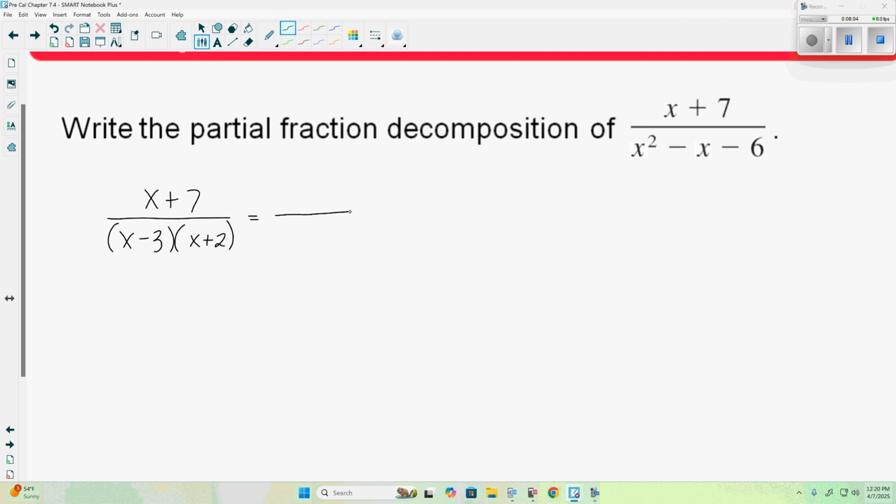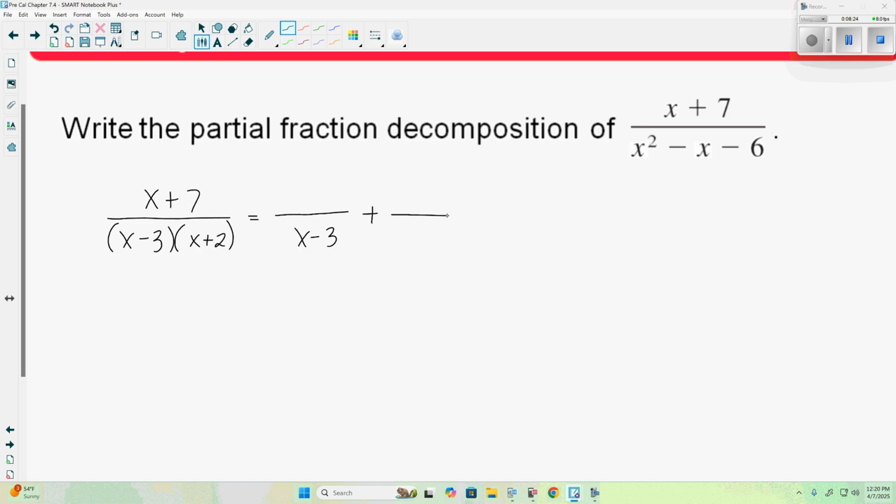So x minus 3 is one of the factors on the bottom, yes? Now we only have one of them. If it had x minus 3 to the second, we'd list it as x minus 3, then x minus 3 squared.